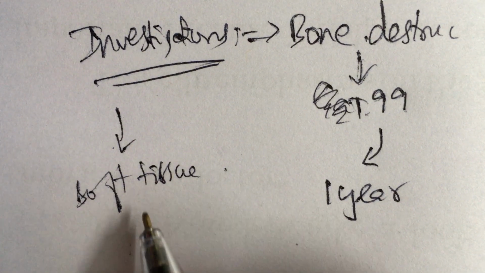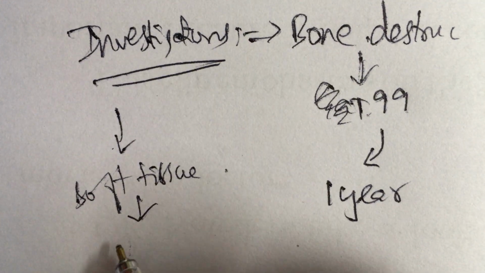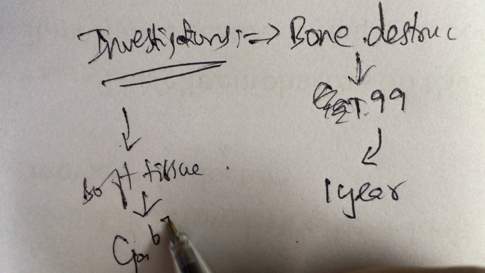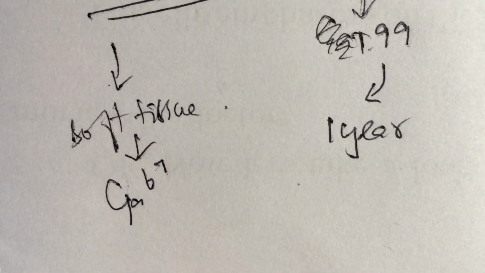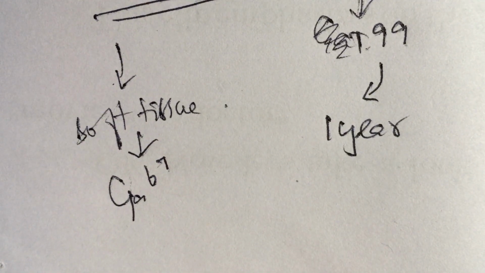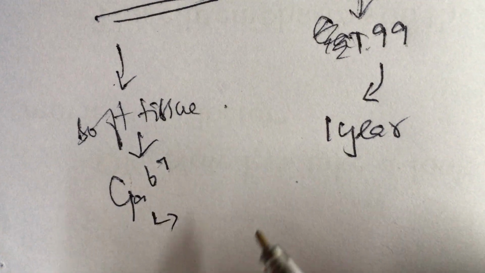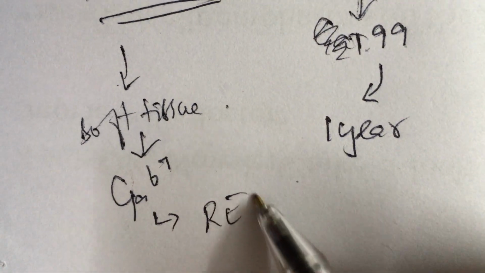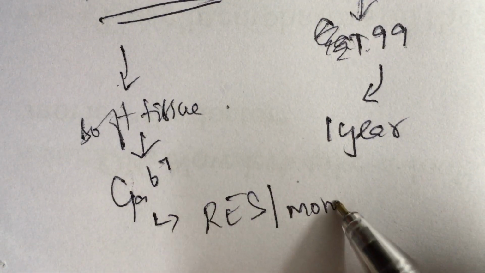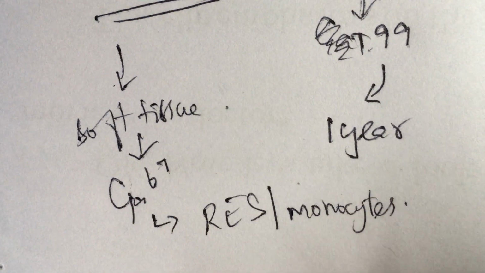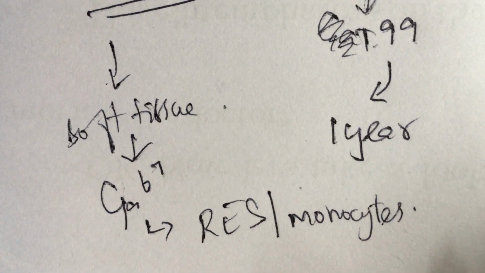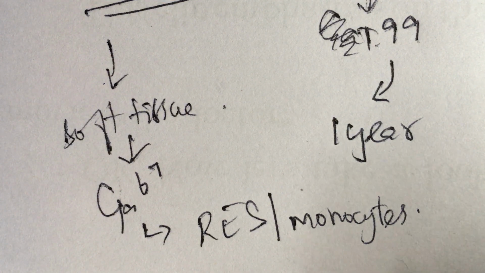However, for soft tissue destruction, we have yet another scan called gallium-67. Gallium-67 is a pretty good scan that works on the basis of uptake by the reticuloendothelial system cells or the monocytes. That's how the principle works for gallium-67.